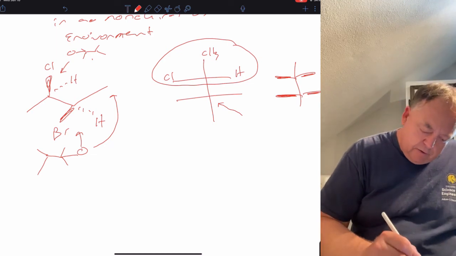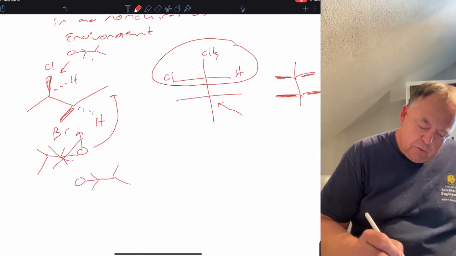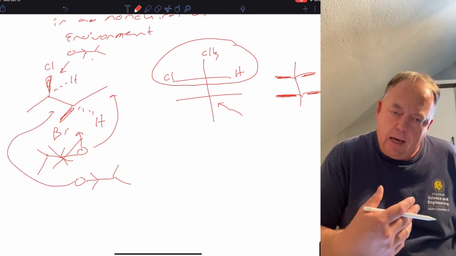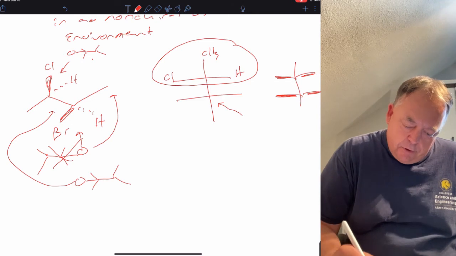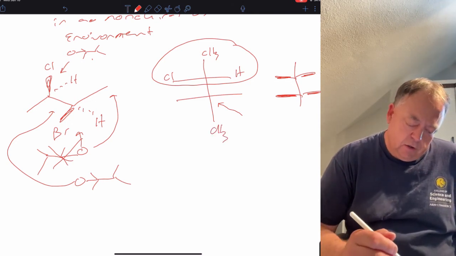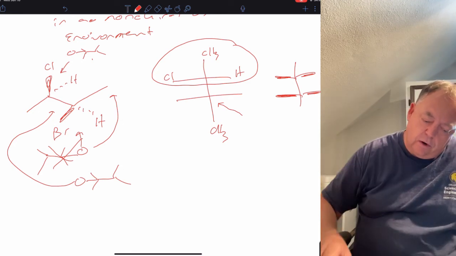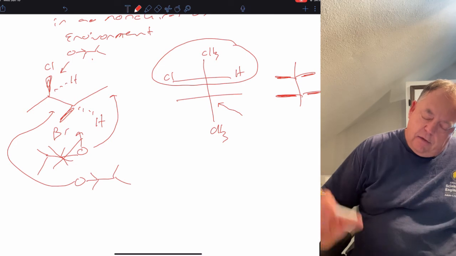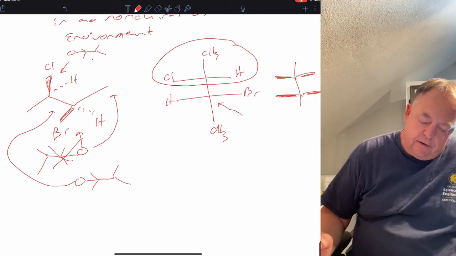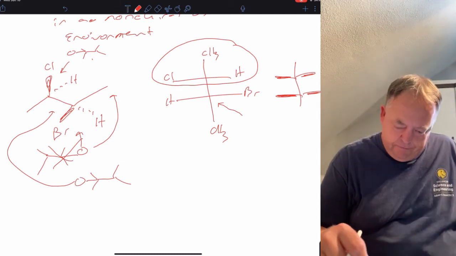So we need to look from this perspective, where the carbon with the chlorine is on the top towards your head, and then that will put the methyl group on the bottom towards your feet. If we're laying at it like that with our feet towards the right, then the bromine's going to be on your right hand, and the hydrogen's going to be on your left hand. So that would be a Fischer projection.